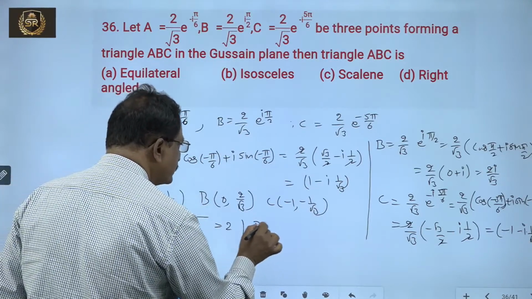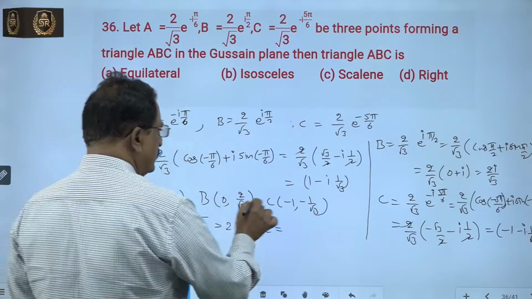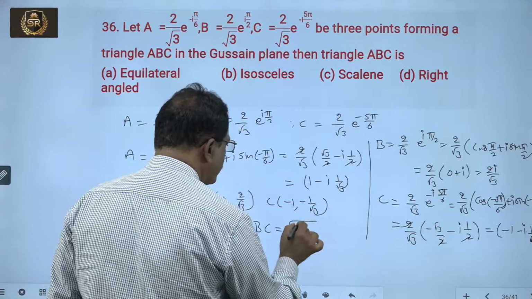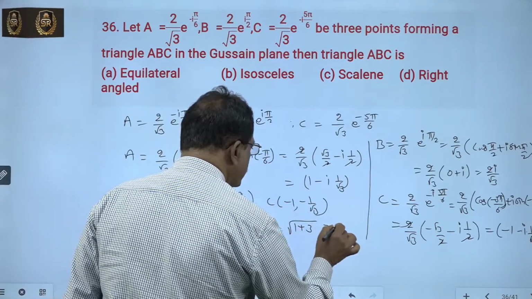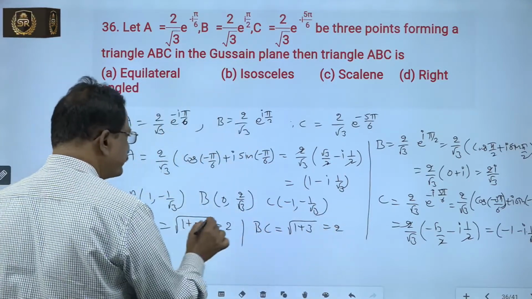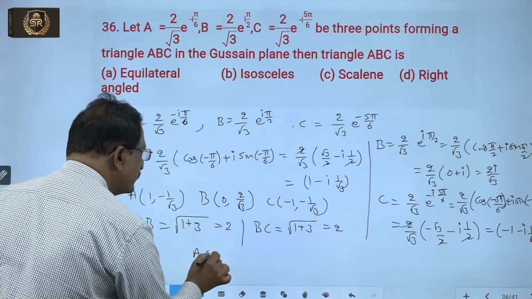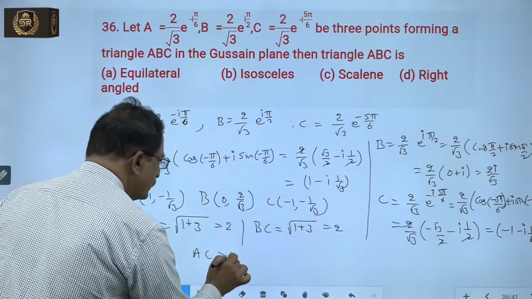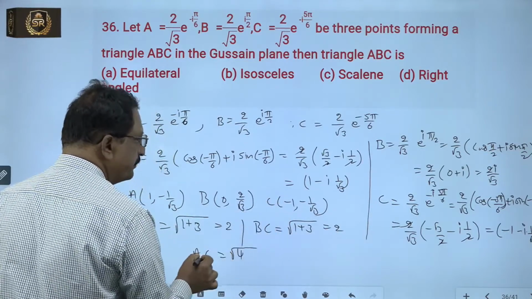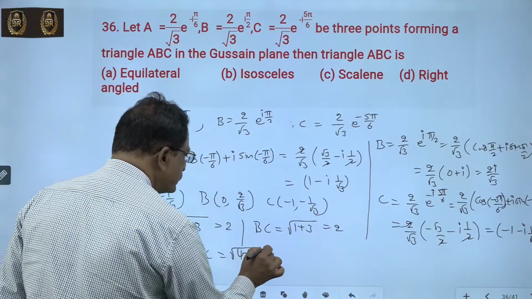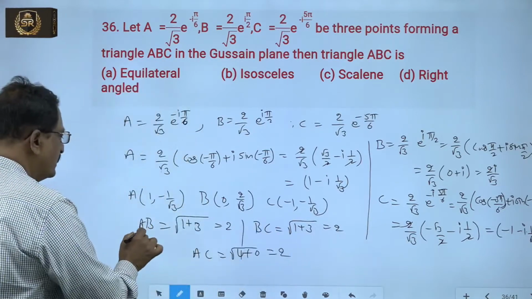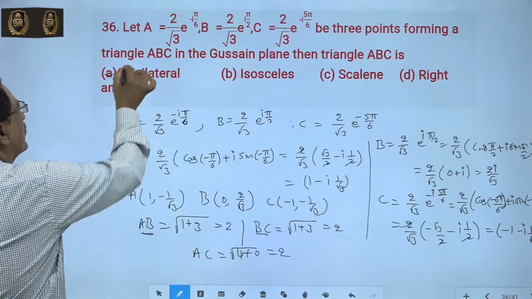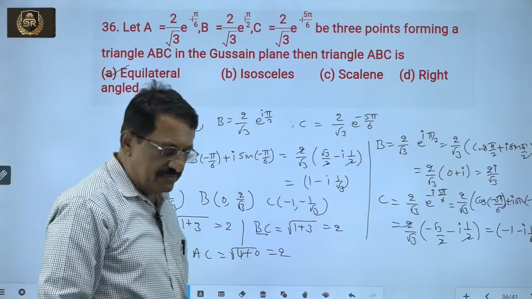Next, BC equals distance between 2 points, that is also 2. Next, AC equals root of 1 plus 1 whole square means 4 plus 0, that equals also 2. Now, all the 3 sides AB, BC and CA are equal, therefore the triangle is an equilateral triangle.